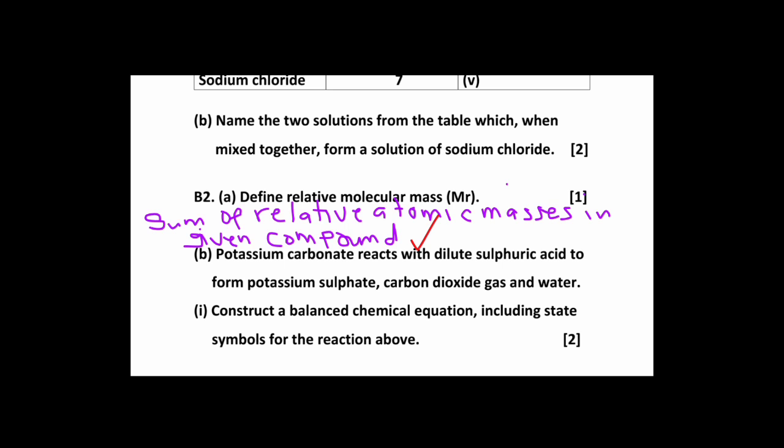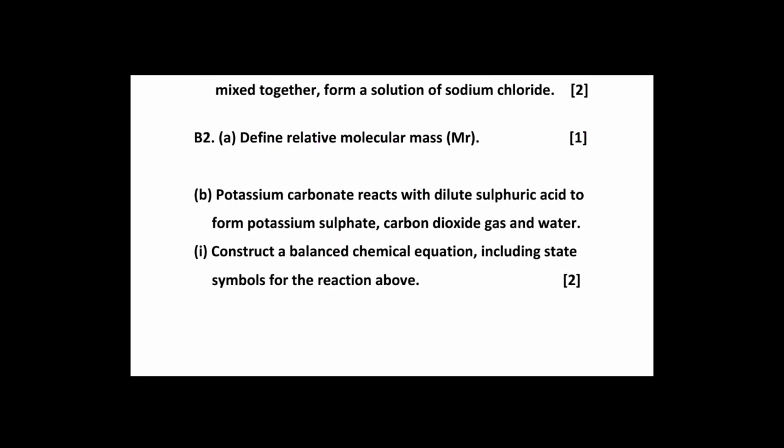Question 2b. Potassium carbonate reacts with dilute sulfuric acid to form potassium sulfate, carbon dioxide, and water. Construct a balanced chemical equation including state symbols for the reaction.